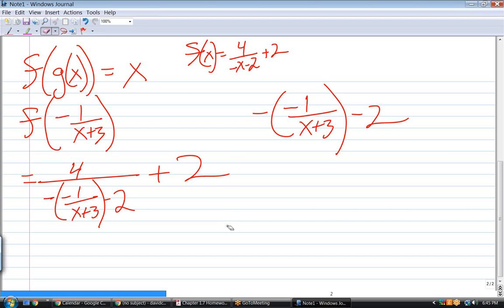Could I multiply the bottom, or both sides by the bottom, or the denominator? Find a least common denominator. Whenever you're subtracting or adding two things, you always have to have a common denominator. Let's simplify things a little bit here and take these two negative signs and get rid of them. Now it's a little easier. What's our common denominator need to be?